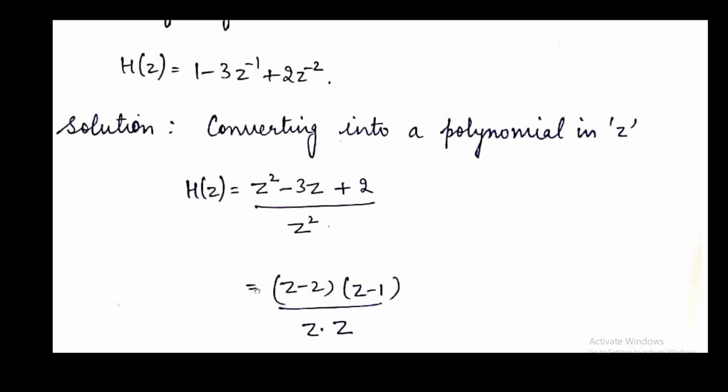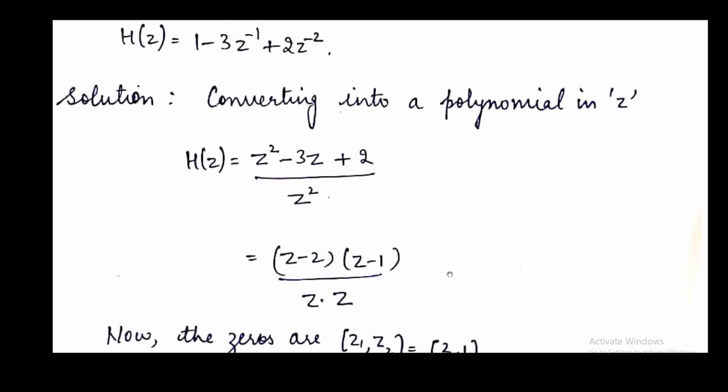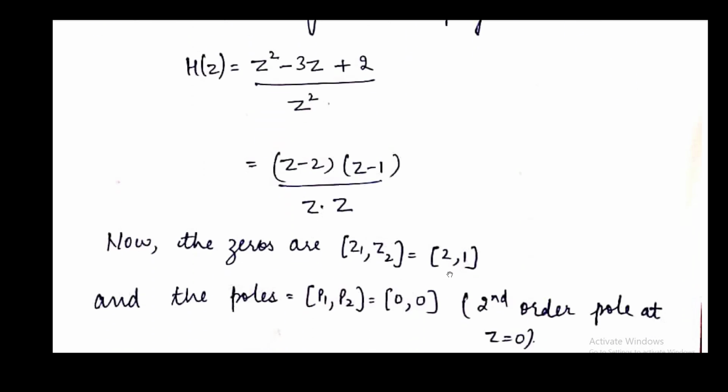If we keep these factors individually equal to 0, you will get two zeros, at z equal to 2 and 1. That means we have one zero at 2 and the other zero at 1. And the poles: we have two poles at z equal to 0, so this is a second order pole at z equal to 0. In this way you can find out the location of zeros and poles.